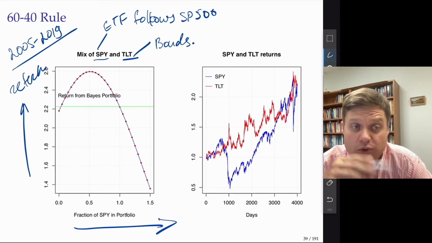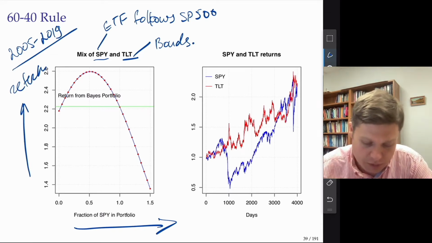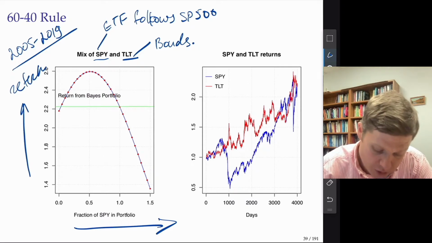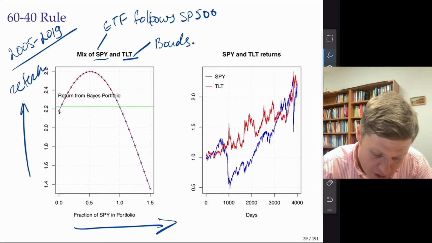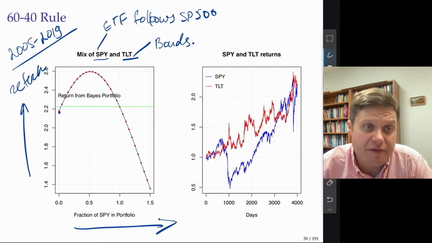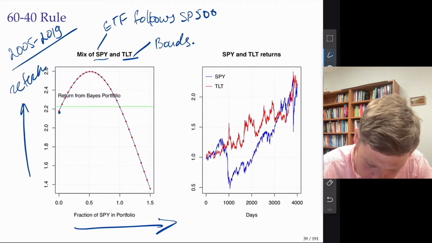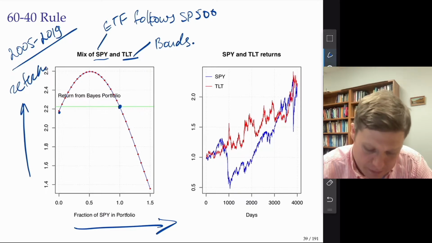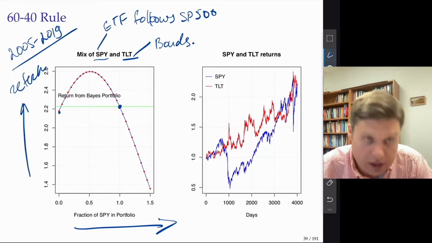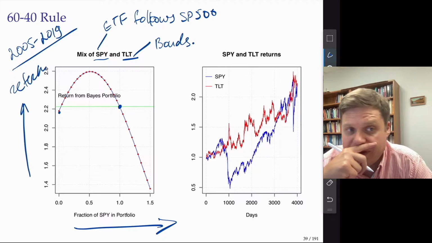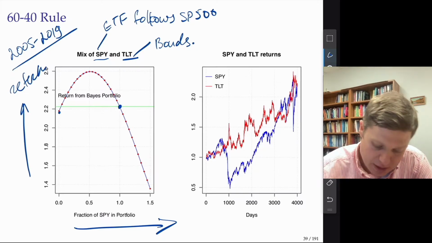If this was the split during this period, that would be your return on this portfolio. If you have no money in S&P 500, you roughly double your money. If you have all of your money in S&P 500, your returns are slightly higher, roughly 2.2, or 120% return over this period.